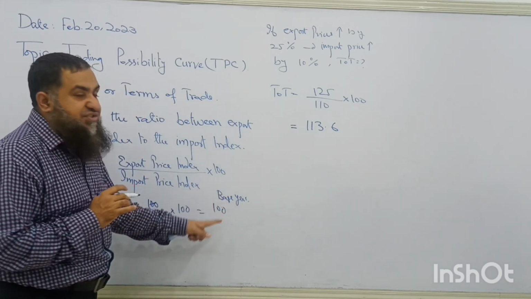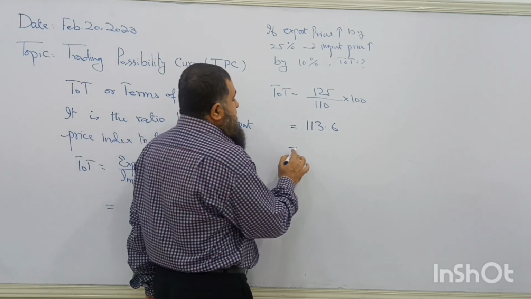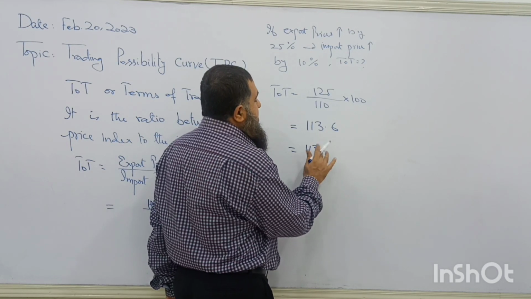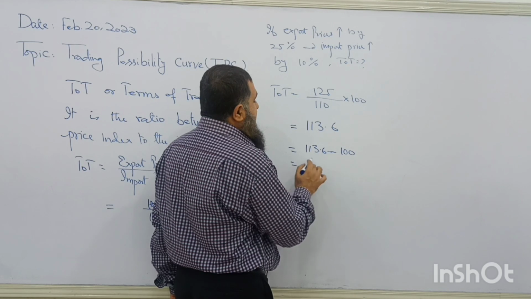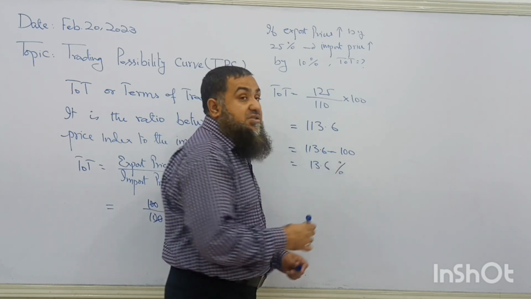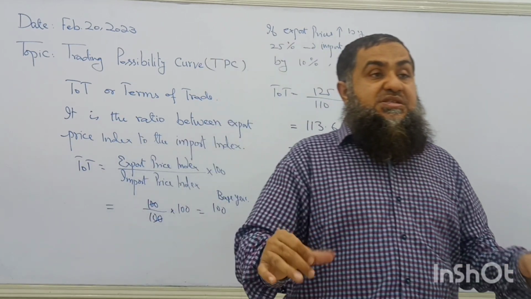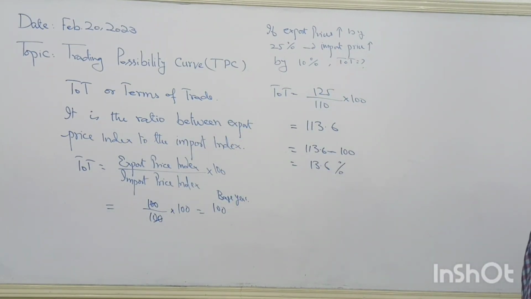What is the change in terms of trade with respect to the base year? 113.6 minus 100, we get the value 13.6%. It means our export prices are 13.6% higher than our import prices.